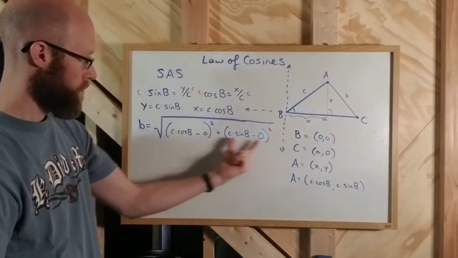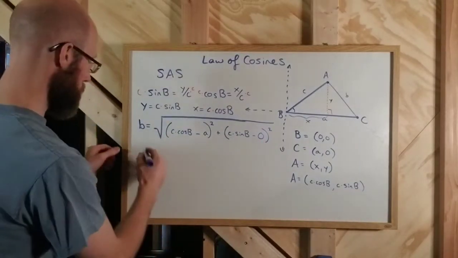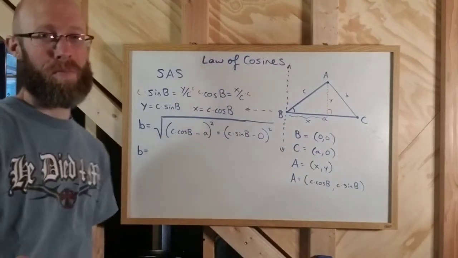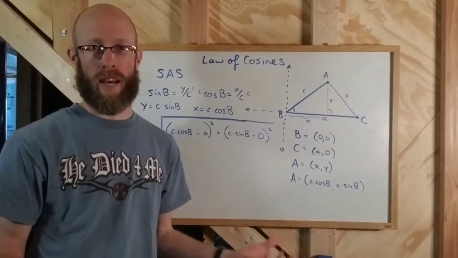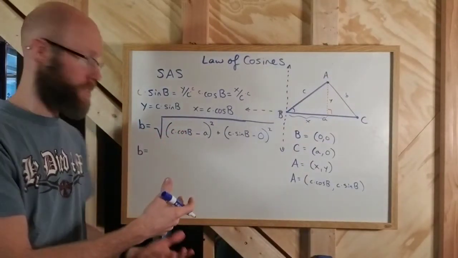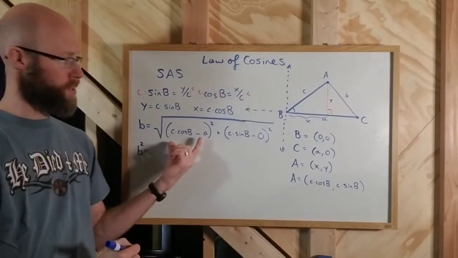Now, from this distance formula, I can simplify stuff under the root. So I get b is equal to, actually, maybe before I even do that, let's square both sides. It's an equation with a root. If I square both sides, it eliminates the root, right? So let's call that b squared, and then let's just forget about the root.